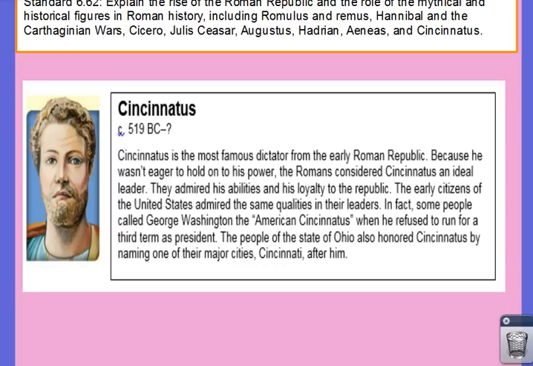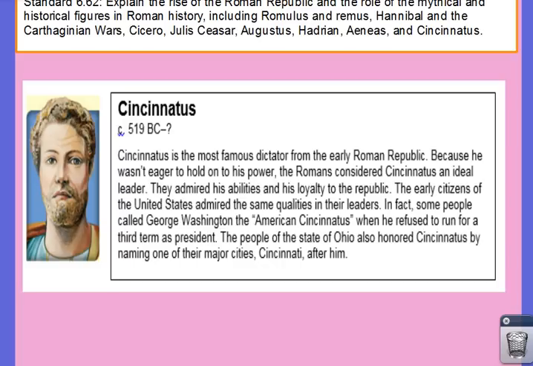Cincinnatus had been a respected Roman consul, known for his loyalty and his obedience to Rome. So when this powerful army threatened to destroy the Roman army, the Senate appointed Cincinnatus to be the dictator to handle the emergency.